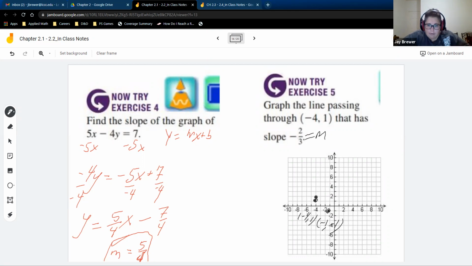If we go up 2, we'd be at 3, and then to the left 3, we'll be at negative 7. So that'll be negative 7, 3. And then you would just draw out your line. Again, my drawing is not going to be the best. Okay, so that's how we use slope.